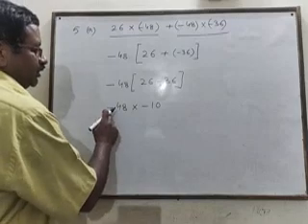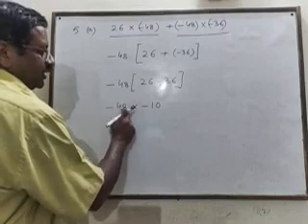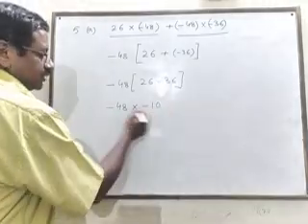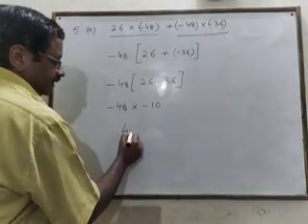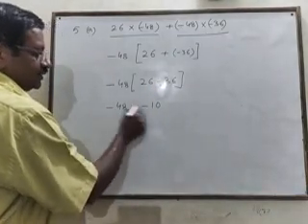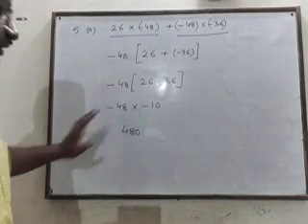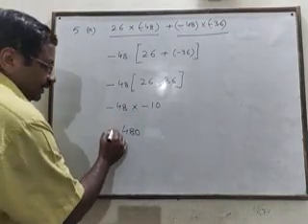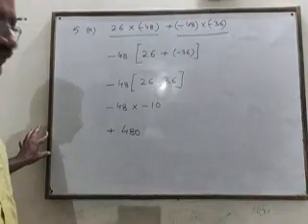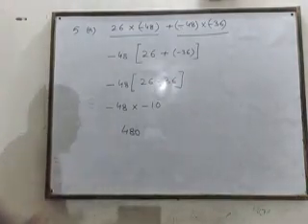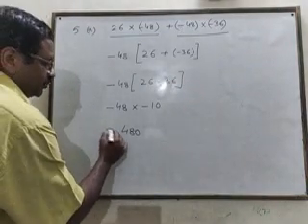So -10. Now -48 multiplied by -10. So 10 into 48 is 480, and the sign according to the chart. In the chart we have written that if both numbers are negative, then there will be a plus sign in the answer. That is not required. So the answer will be 480.